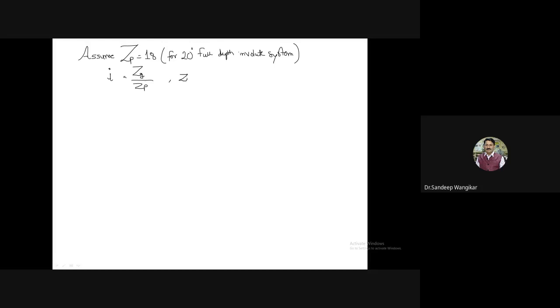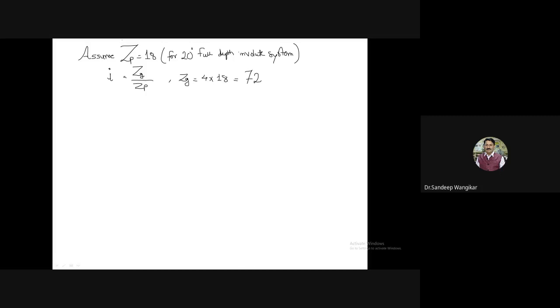Therefore, I will write down ZG is equal to 4 into 18. It is nothing but ZG is equal to 72. So 4:1 ratio is given. So I can use the relation I, the ratio, is equal to ZG by ZP. Therefore, ZG will become I into ZP. So 4 into 18, I will say it as 72.